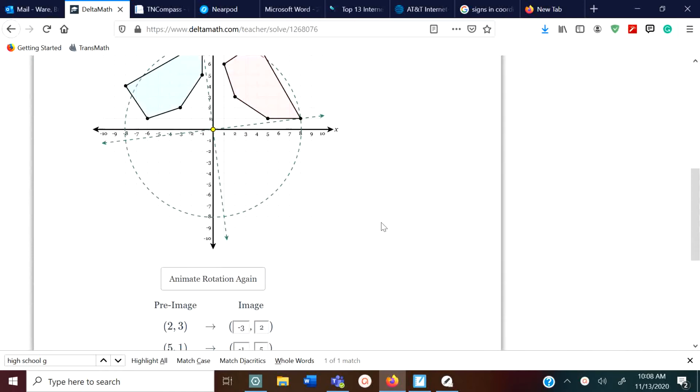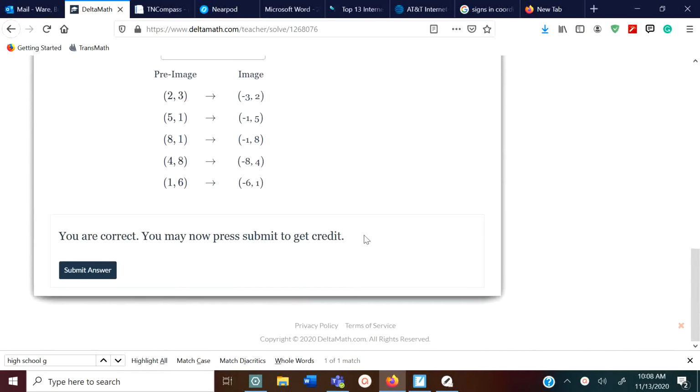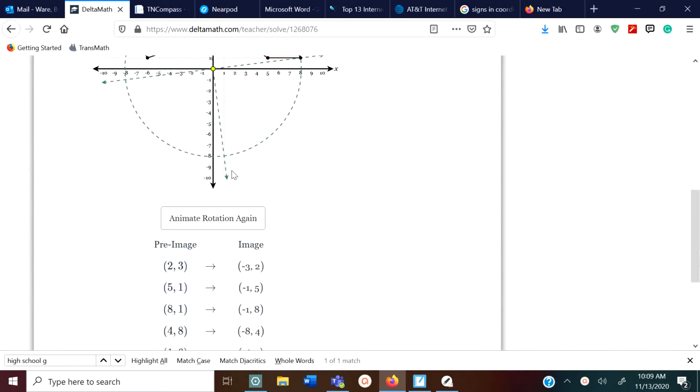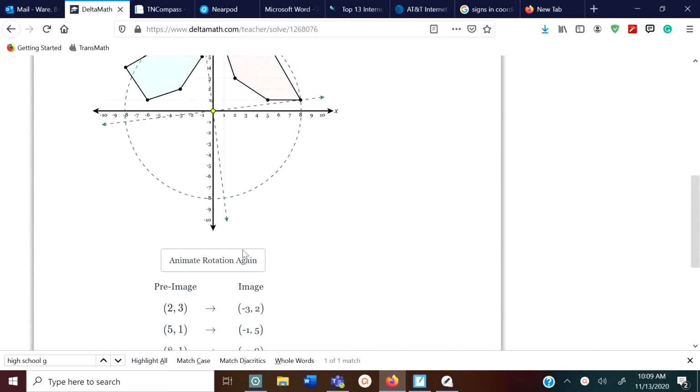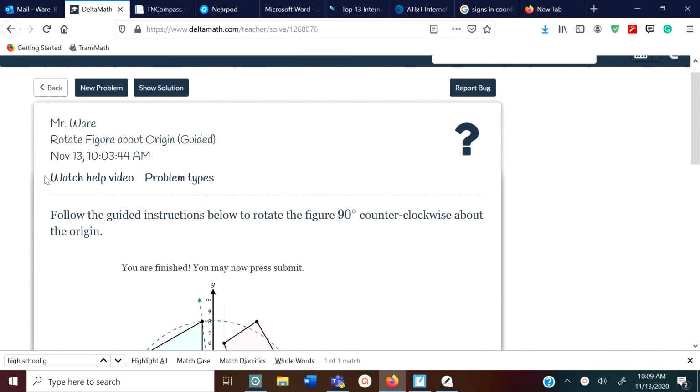Alright, and it says you're correct, and if you're wrong, you just go back and fix it. Okay, so that's exactly how that's done. This is doing a rigid transformation. This particular rigid transformation is a rotation.